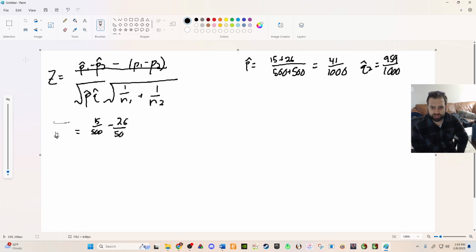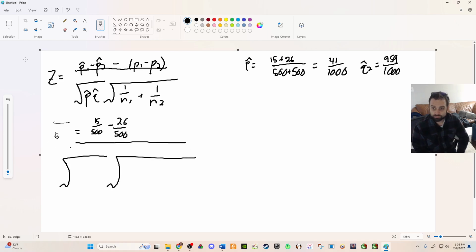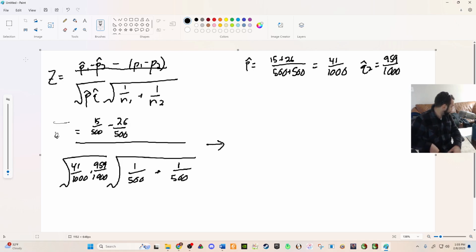Keep that one and that 2. This guy here is 0. And what I'm dividing by is the square root of 41 over 1,000 times 959 over 1,000 times 1 over n1, which is 500, plus 1 over n2, that's also 500.